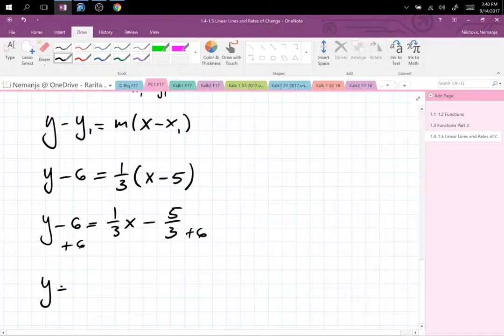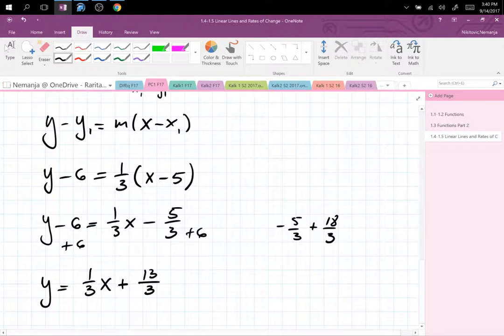And we have y equals 1/3 x minus, actually will be plus, because now you have plus 6. So that's 18 minus, so plus 13/3. When you do the common denominator, you get negative 5/3 plus 18/3, which is positive 13/3.